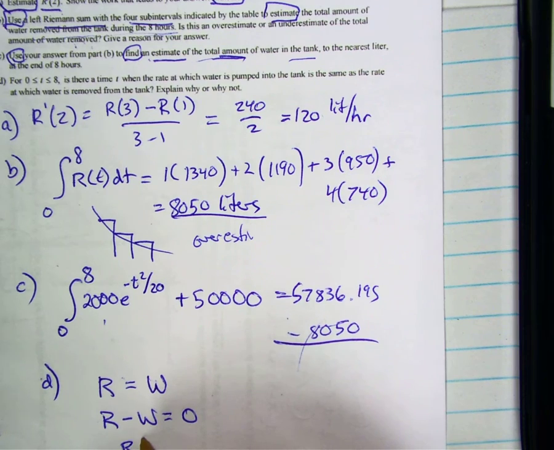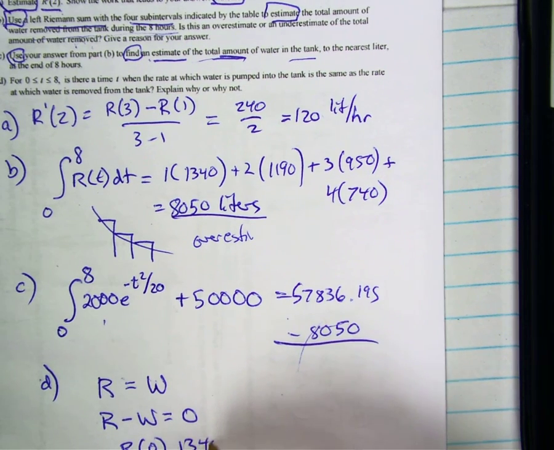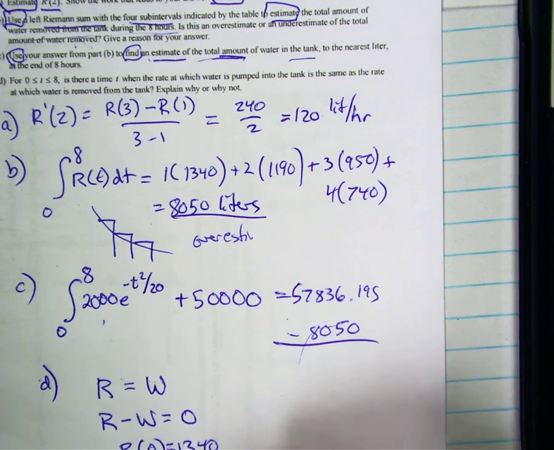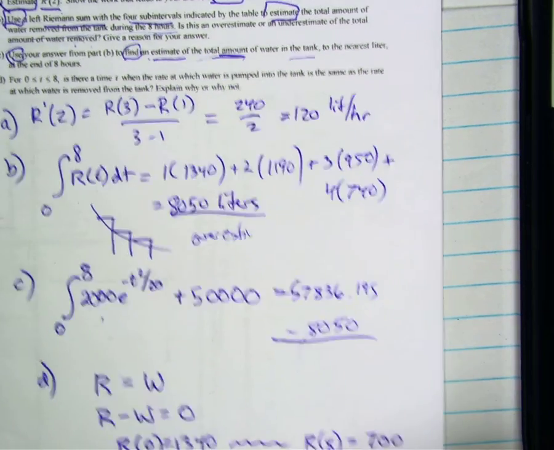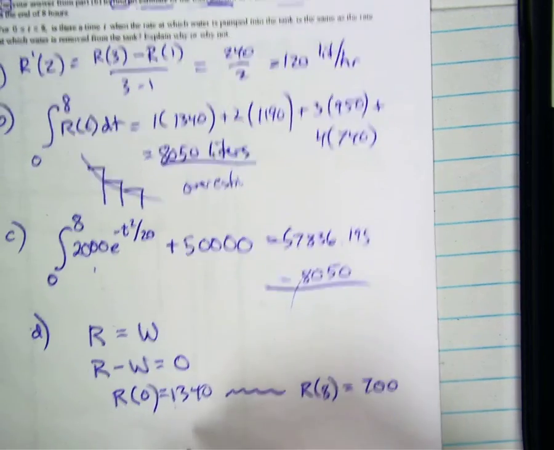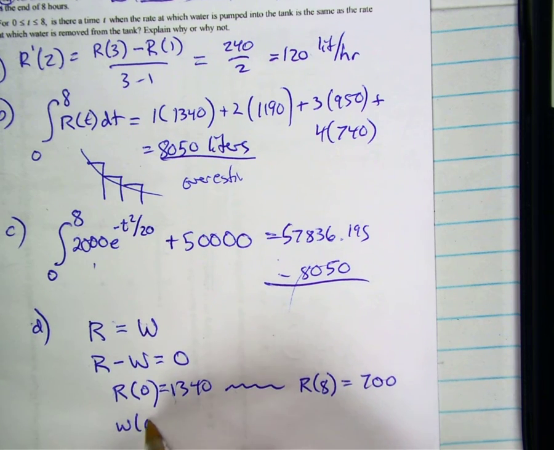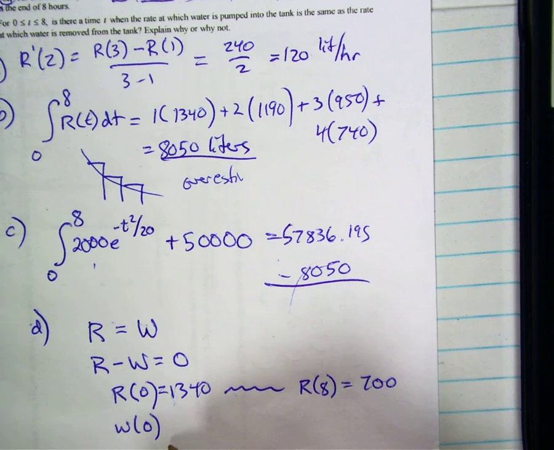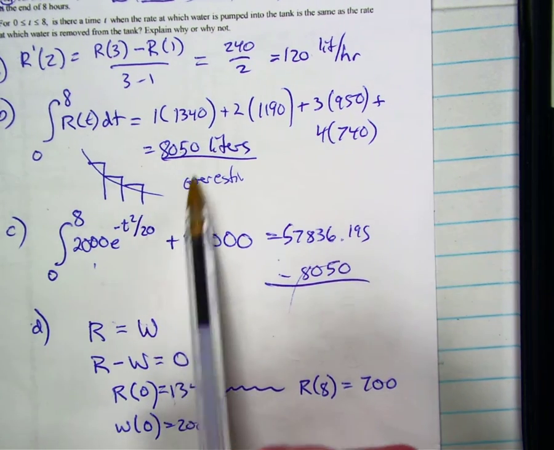Do they cross paths? Well, the way you can think about this is R of 0. Remember, R is the removal. R of 0 is 1340. And it goes all the way to R of 8, which is 700. So that's a decreasing function. It's getting smaller. W of 0 is 2000.